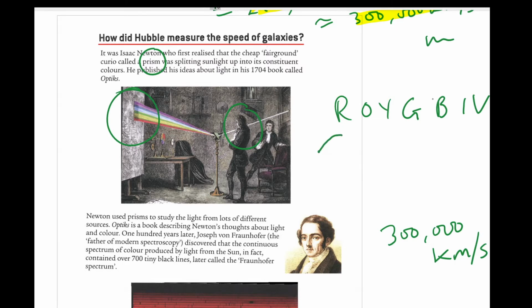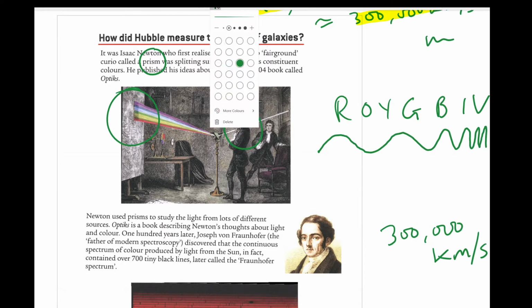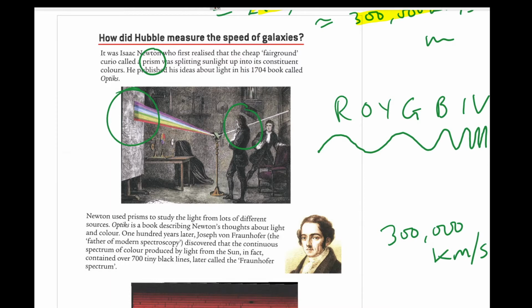Red has the longest wavelength, violet a much shorter wavelength. Remember, a wavelength is the distance between a peak and a peak, or a trough and a trough. You can see there that the red end is a much longer wavelength.